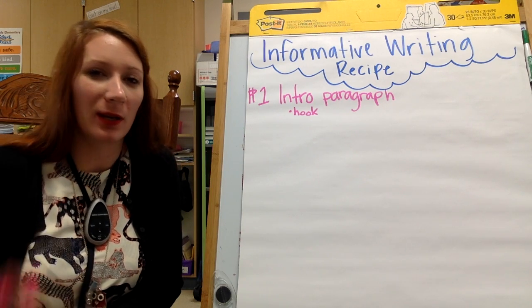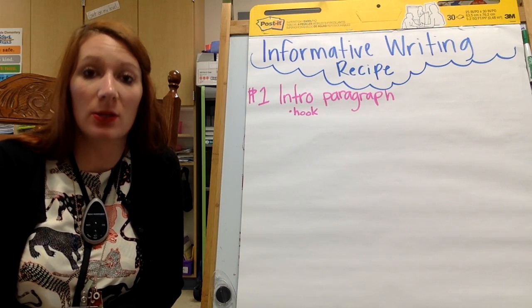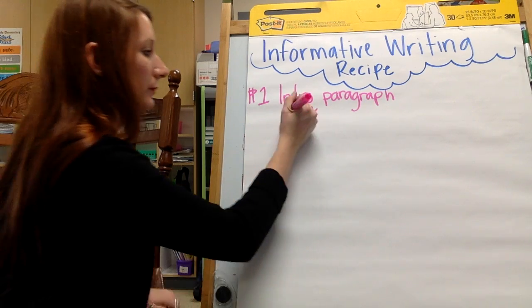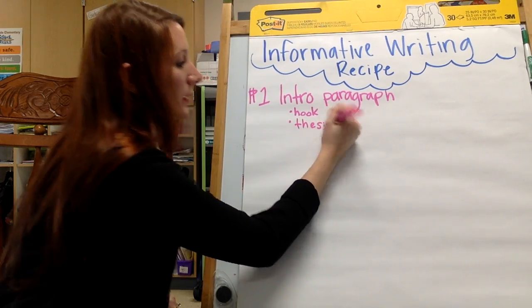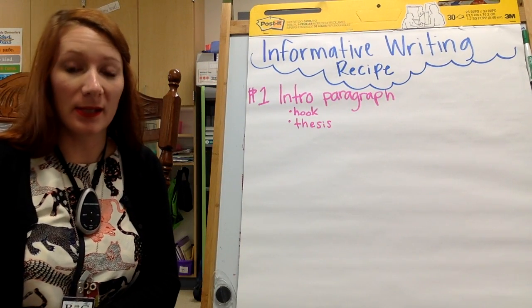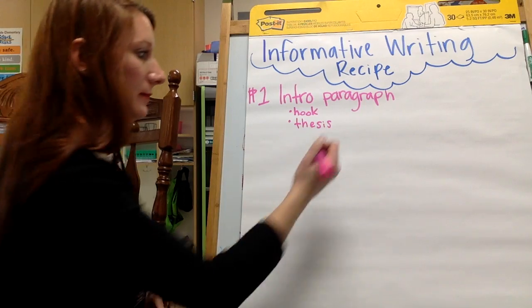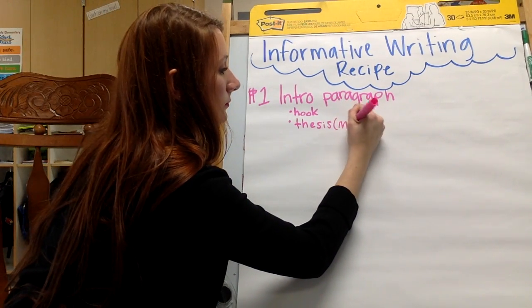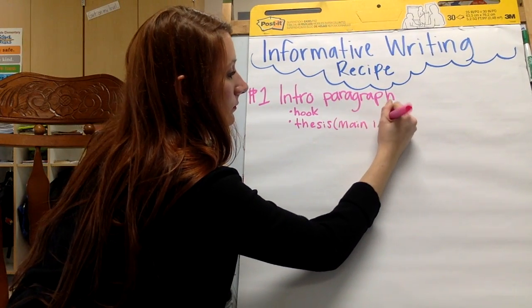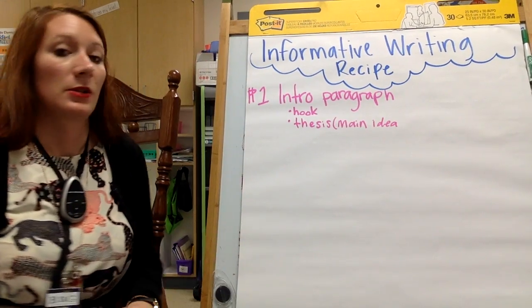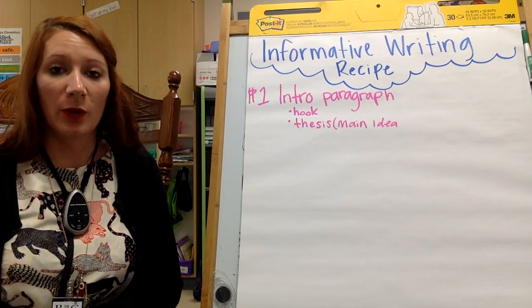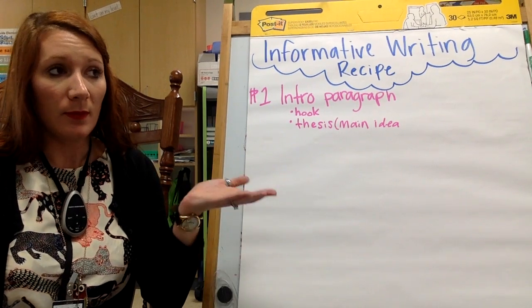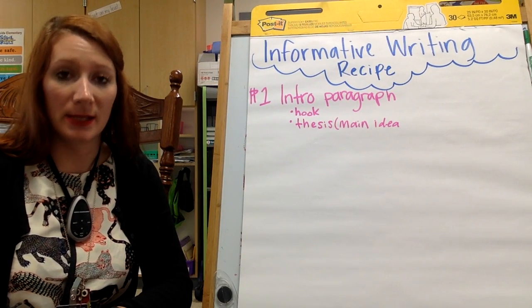After you've written your hook and you've got your reader hooked onto what you'd like to talk about, the next thing that you're going to present is your thesis. Your thesis is a fancy word for your main idea. So, for example, some of you have chosen to write about health products or health practices.